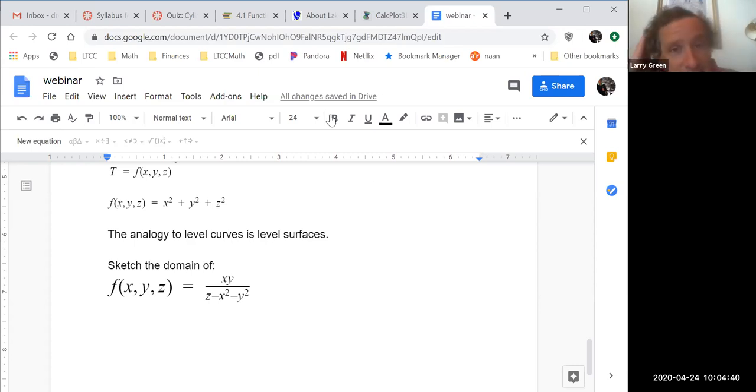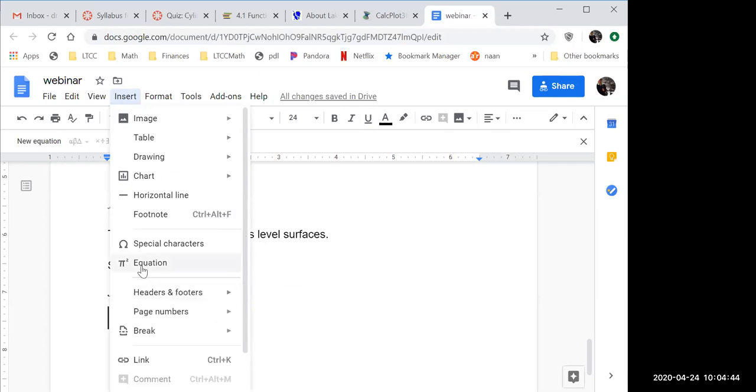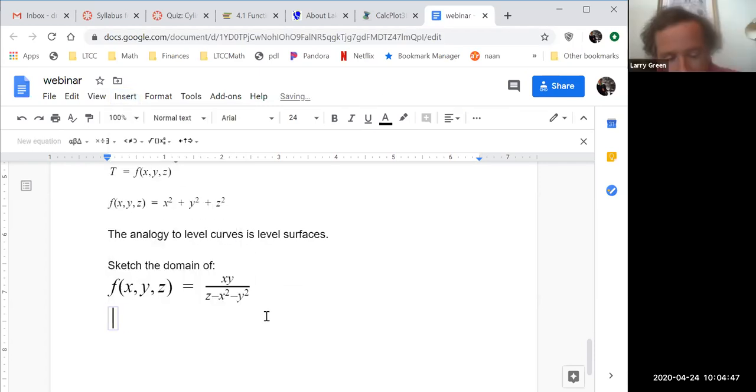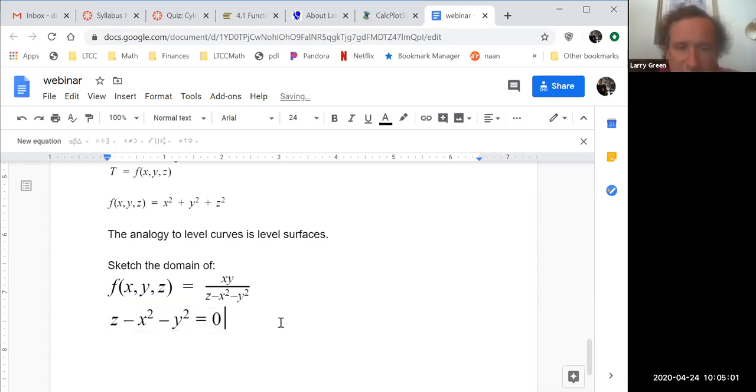So now, again, there's a nice little review. We set z minus x squared minus y squared equal 0. All right, who can tell me what that is in a word or two?